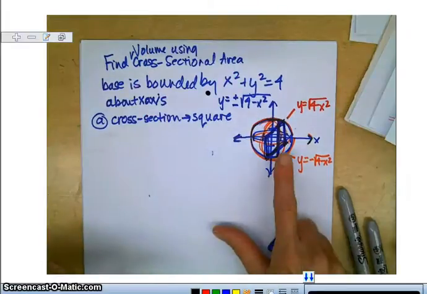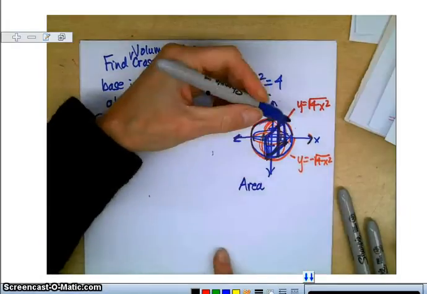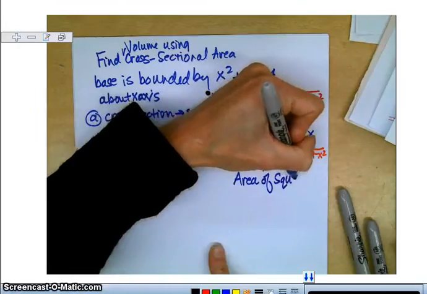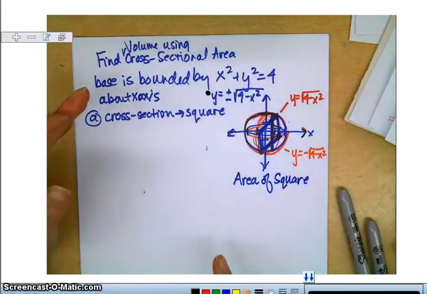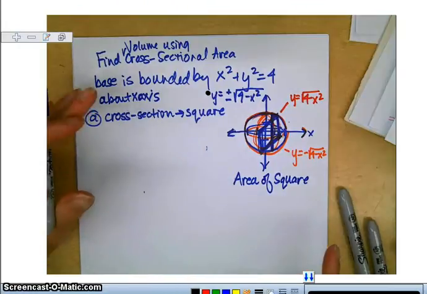So what is the general area of a square? Side squared. Area of a square is side squared. Period. End of discussion. No other formulas.